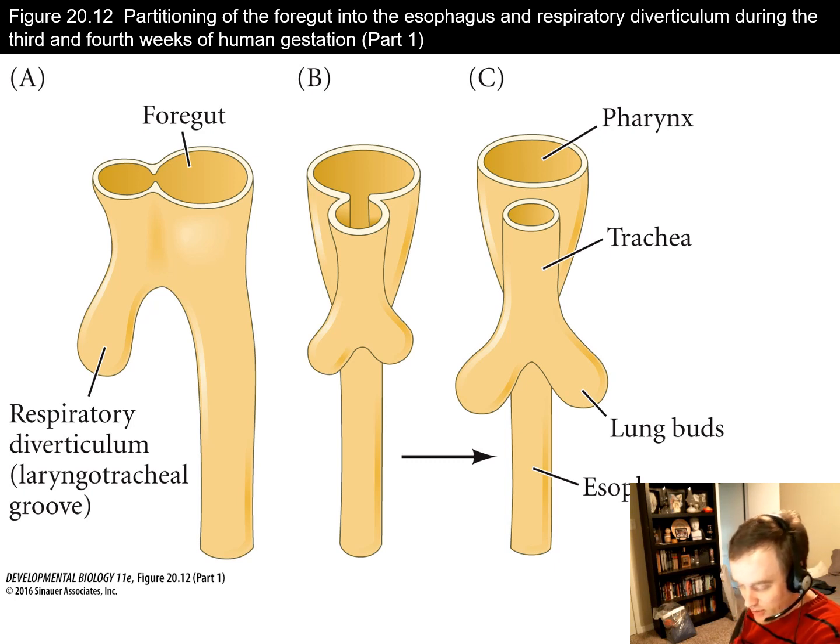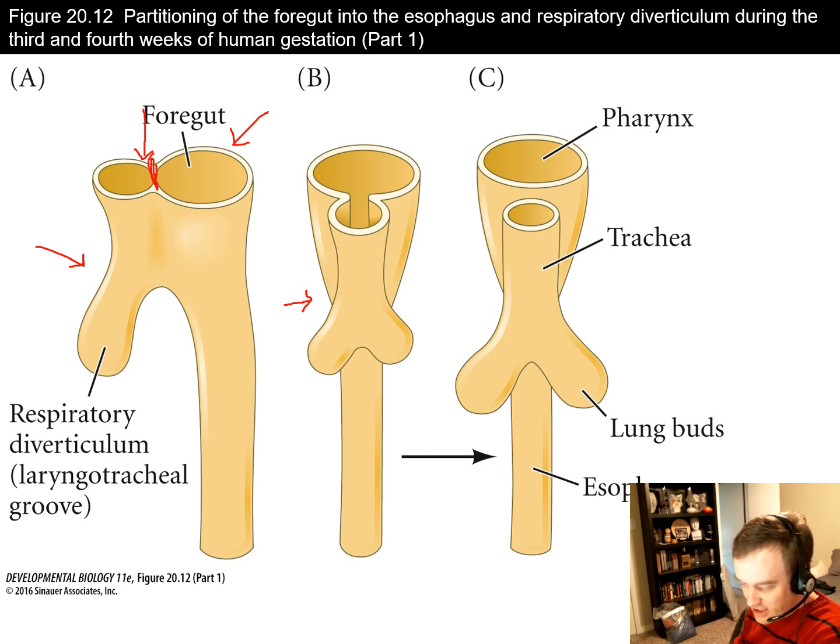Here we see a lateral view of this respiratory diverticulum, and a ventral view. The developing foregut from the endoderm starts to partition at 3 to 5 weeks, where we're going to seal this off to make the trachea and the esophagus.